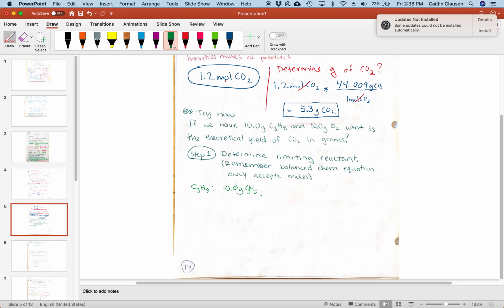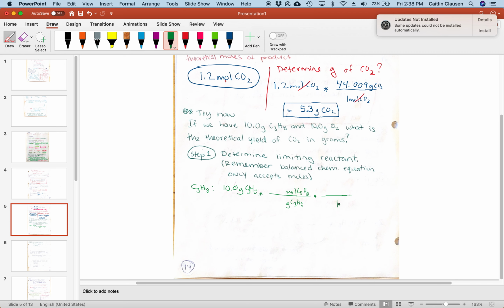We're given grams now instead of moles. So I now need to convert using the molar mass of propane into moles of propane, because our chemical equation only ever accepts moles. So if I use the molar mass, then I get moles. Now I can use my balanced chemical equation.